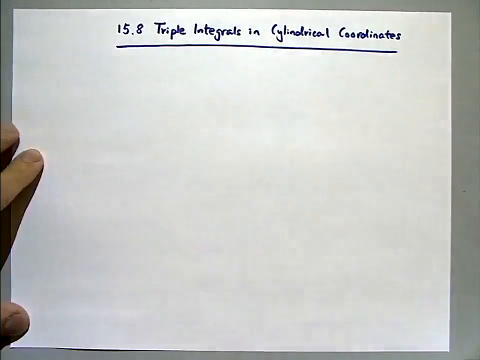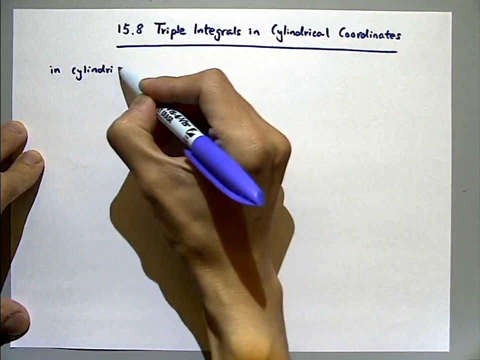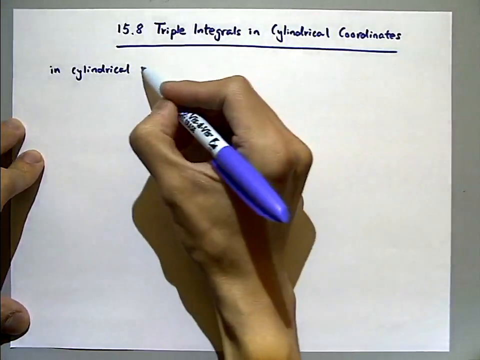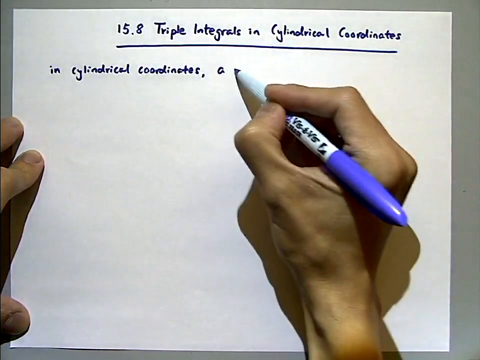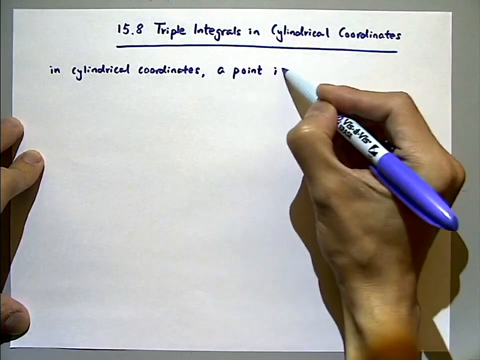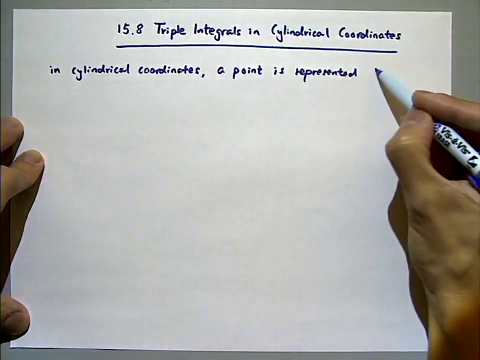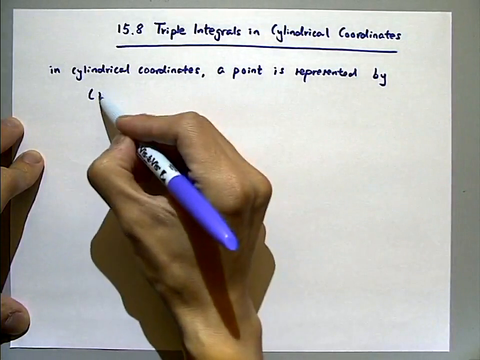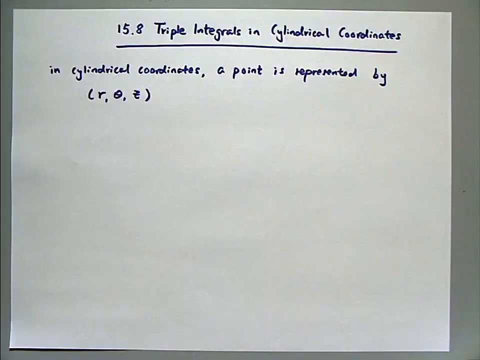First of all, the cylindrical coordinate system. We have actually seen this before. We just never really gave it a name. In cylindrical coordinates, a point is represented by three numbers, r, theta, and z. Essentially, you have polar in two of these.